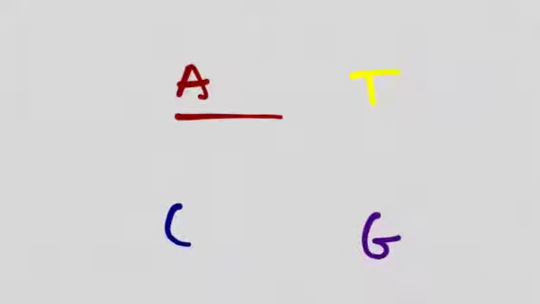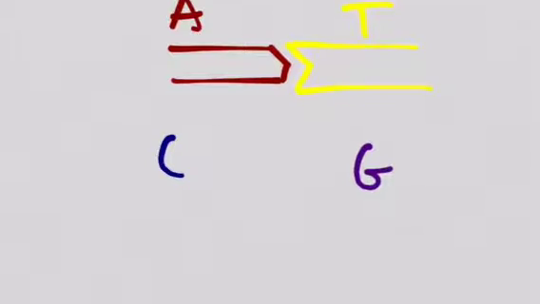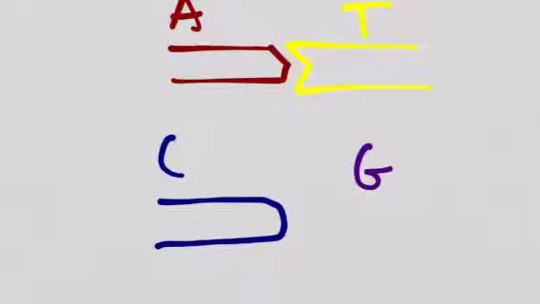A is shaped in such a way that it only binds to T's. And C's are shaped in such a way that they only bind to G's.